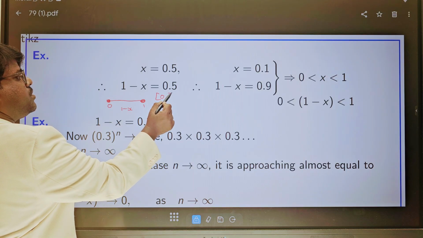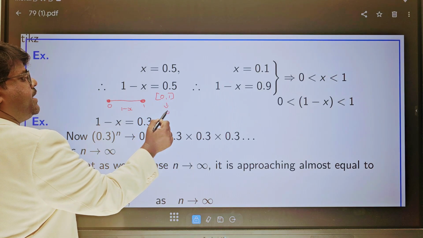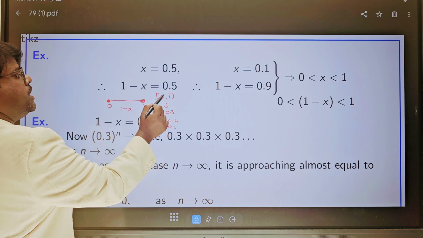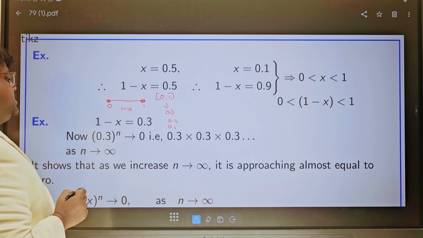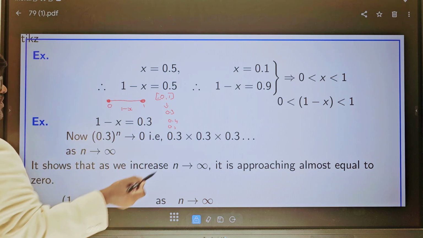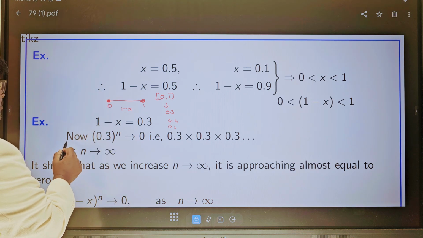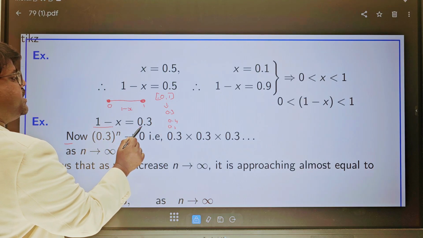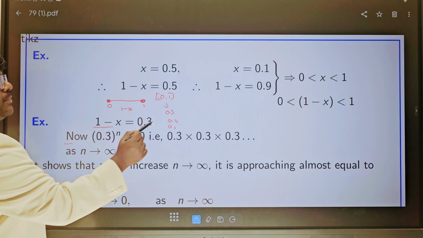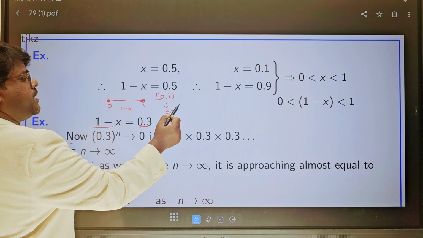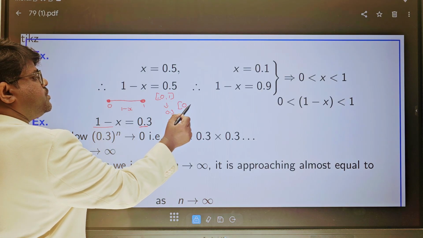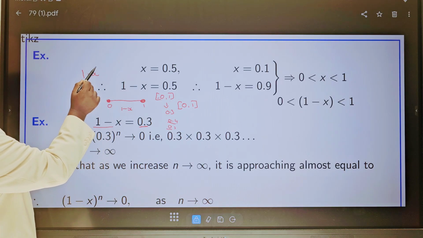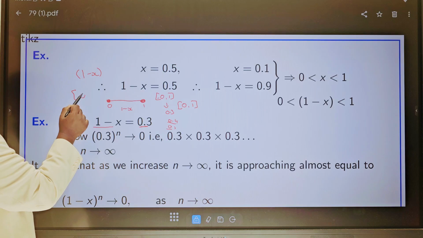In the closed interval 0, 1, I can take 0.3 or 0.4 or 0.5, whatever value you take. For example, I am taking 1 minus x equals 0.3. You can take 0.4 also, or 0.5, but it should be in the closed interval 0, 1, because the value of 1 minus x lies in the closed interval 0, 1.